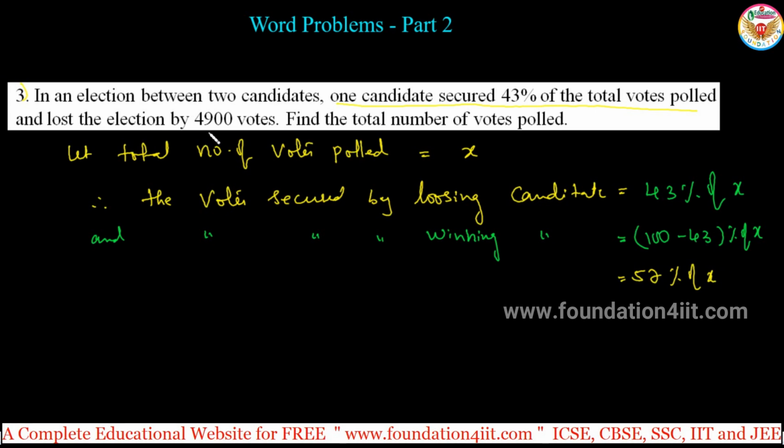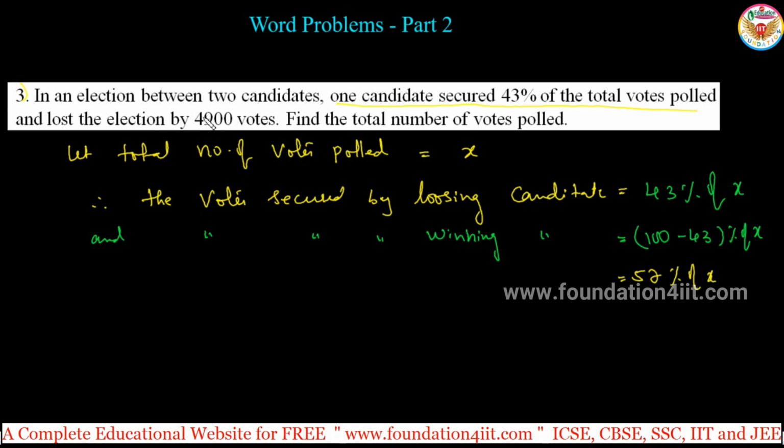But he lost the election by 4,900 votes. That means the difference between the winning and losing candidate votes is 4,900, because he lost the election by 4,900. You don't get exactly that much number; he lost the election by this many votes.